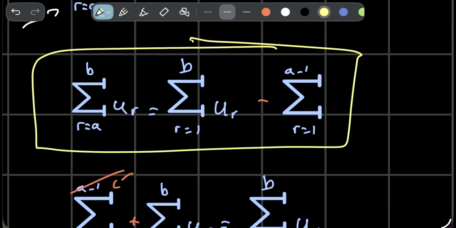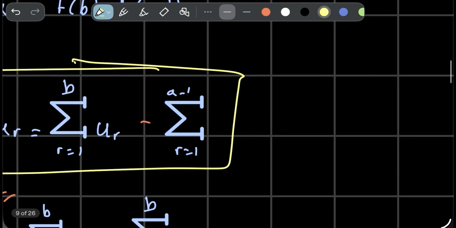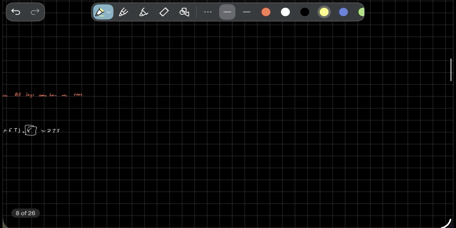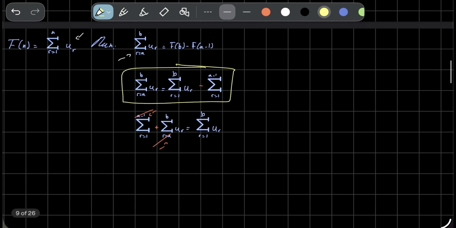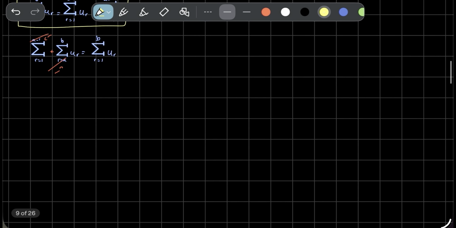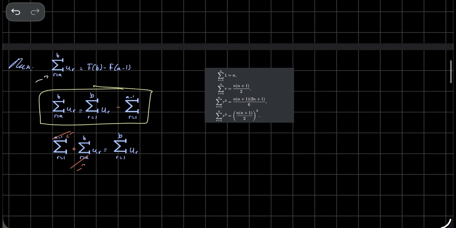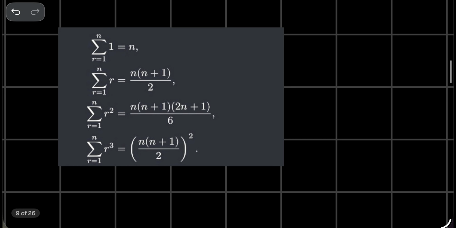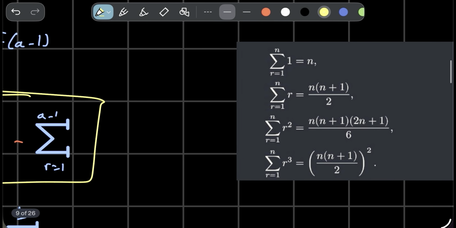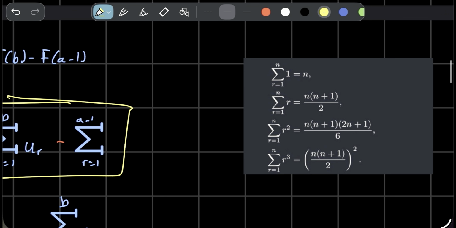Simply because we want to apply the formulas I mentioned before, the summation formula bank, okay? And if you notice, every single thing in it has r equals 1, r equals 1, r equals 1, r equals 1.